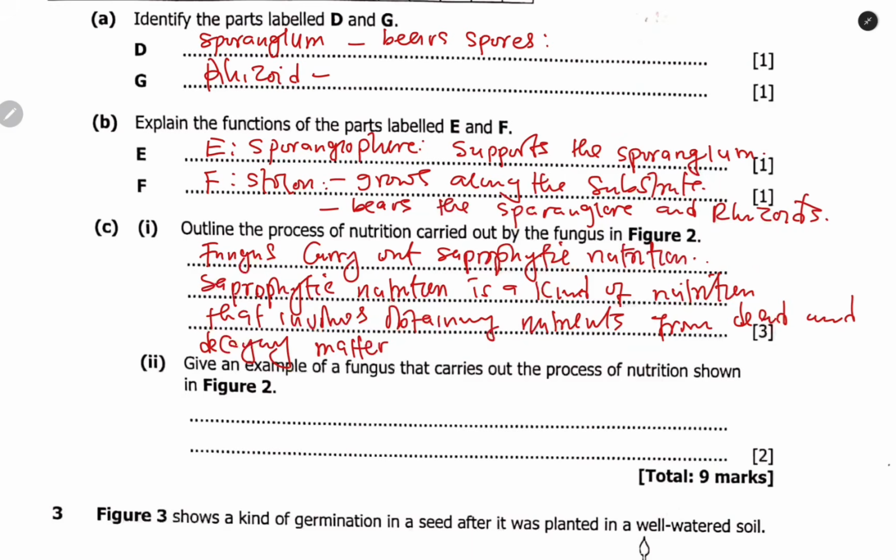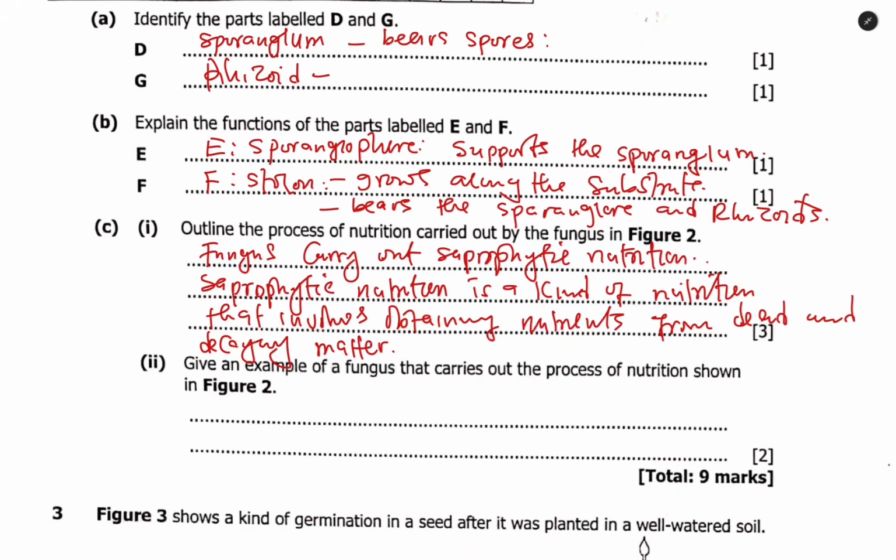So fungus carry out saprophytic nutrition, and saprophytic nutrition is a kind of nutrition that involves obtaining nutrients from dead and decaying matter.